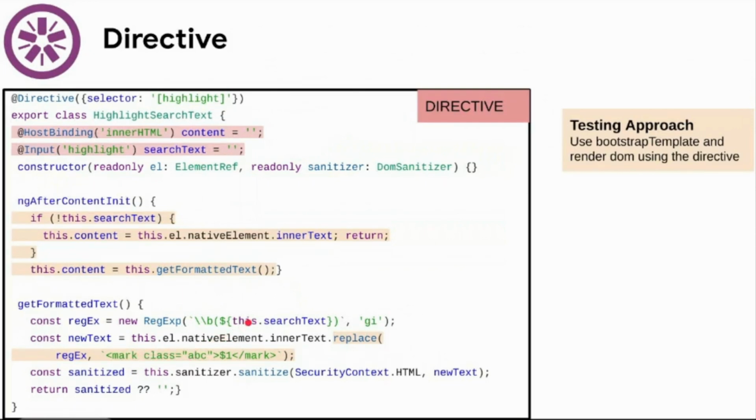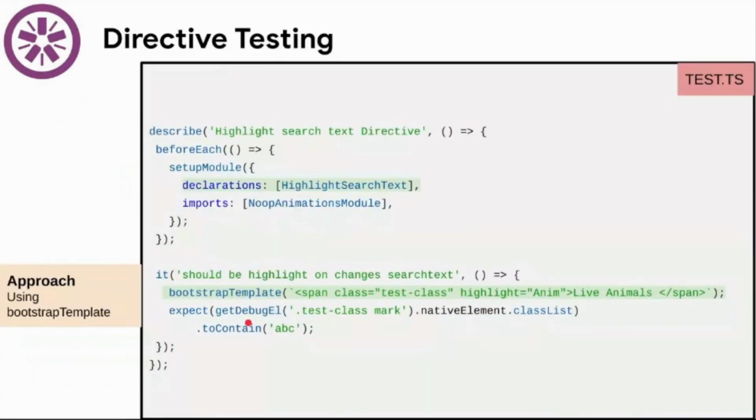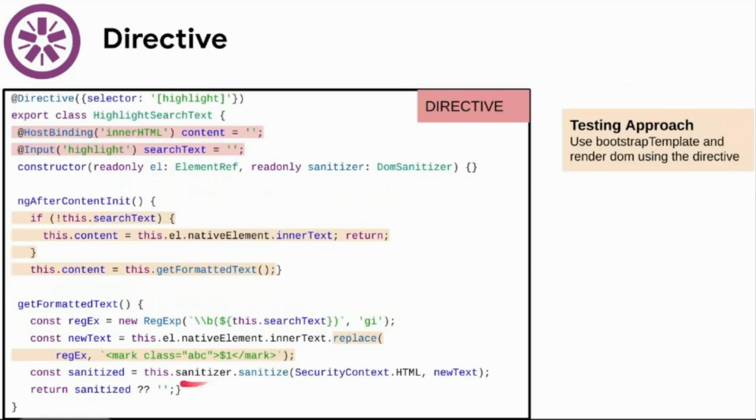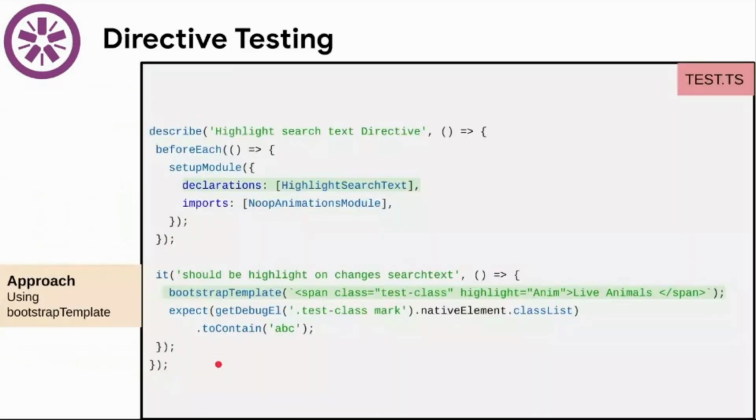Okay. Now how we are going to test this: firstly we will declare the highlight search text directive inside the declaration section of the setup module, and then we directly do bootstrap template to check whether this highlighting will work or not. We are checking whether the class list has that ABC class, which we have rendered via the directive, whenever it is replacing.